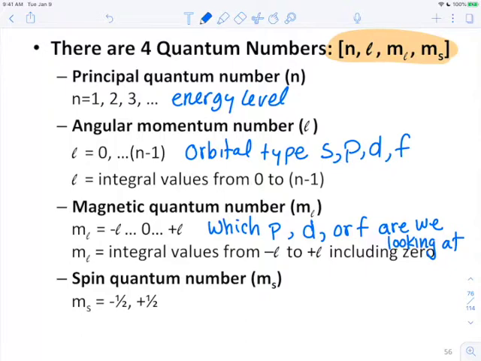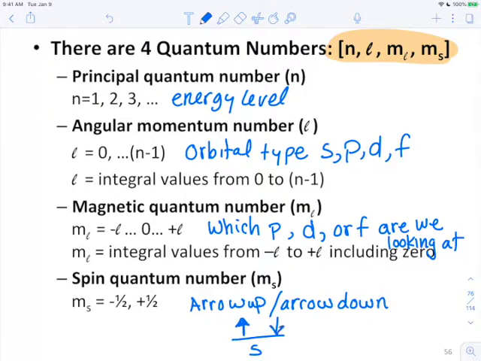And finally, at the bottom, we have the spin quantum number. And so for the spin quantum number, this is saying, do you have arrow up or the arrow down? In other words, is this spin up or spin down? So if you had an s orbital, you have one going up, one going down.